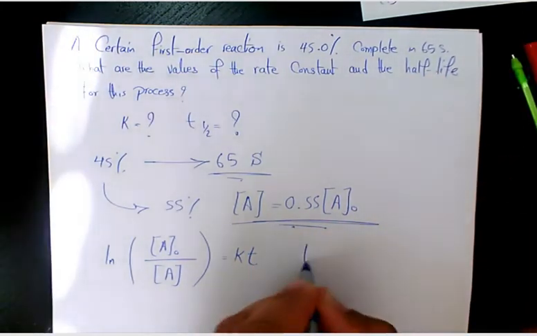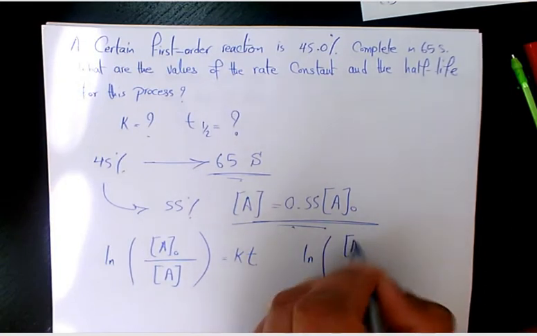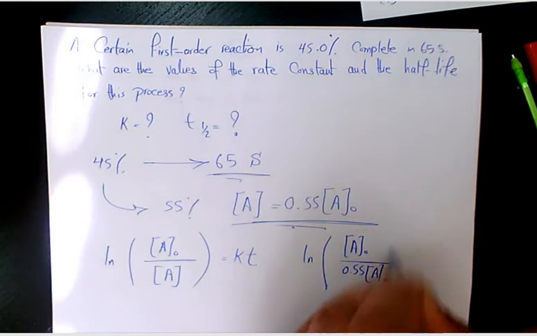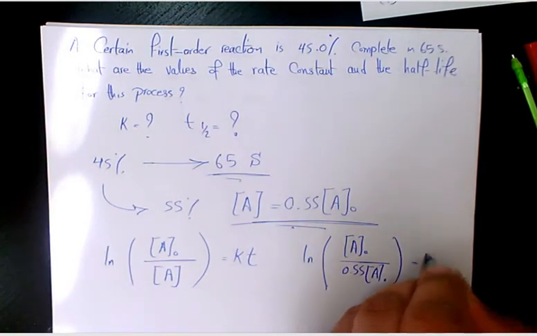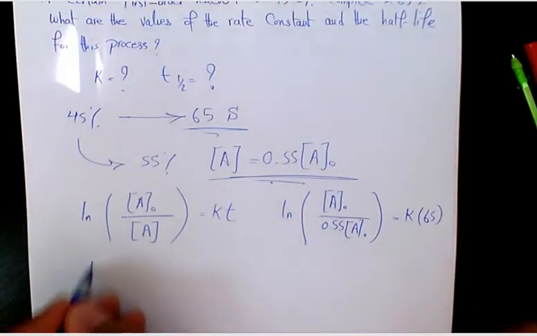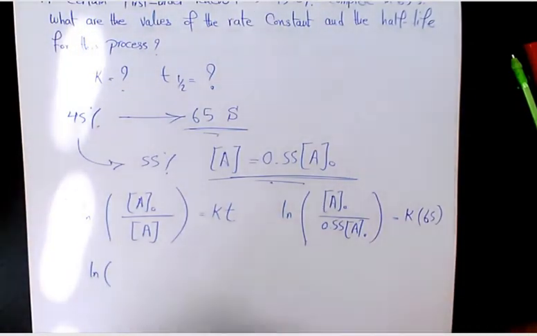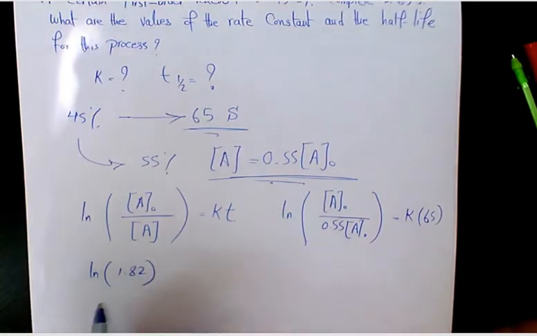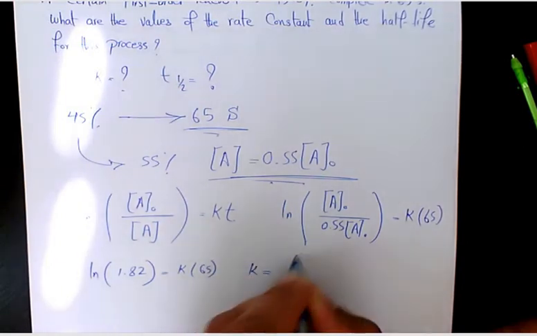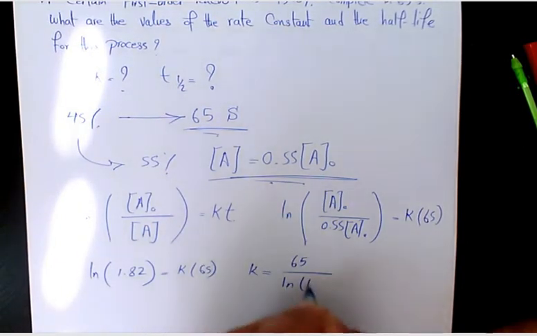So it's going to be ln A naught over 0.55 A naught equals k times 65. That's going to be 1 divided by 0.55, which is 1.818. It's going to be 1.82, let's say, equals k times 65. So k will be ln 1.82 divided by 65.